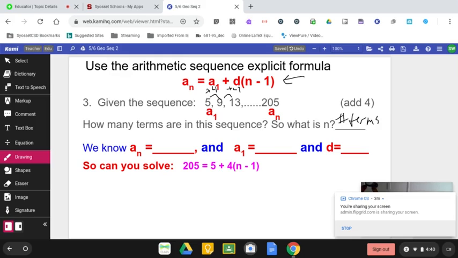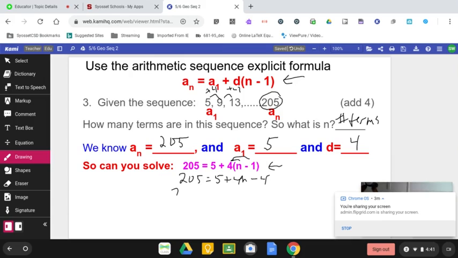So if we know that a sub n is the term we're going for, which is 205, and a sub 1 is 5, that's the first term, and d is the common difference, which is the constant rate of change, which is plus 4. All we need to do is write what we know into the explicit formula and use a little algebra to solve. We would distribute the 4, so we get 205 equals 5 plus 4n minus 4.